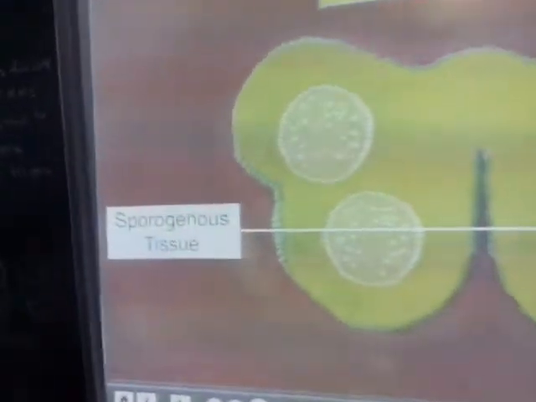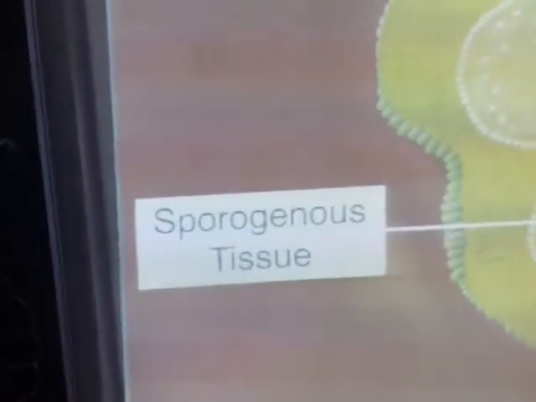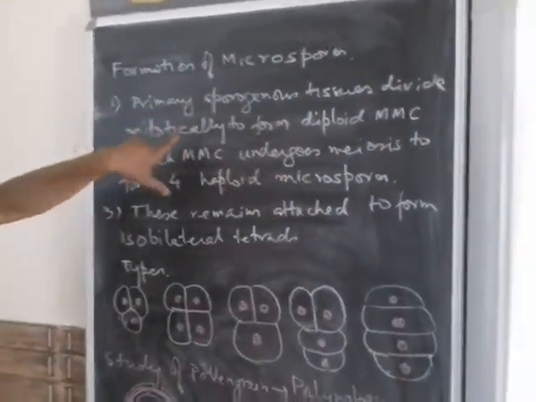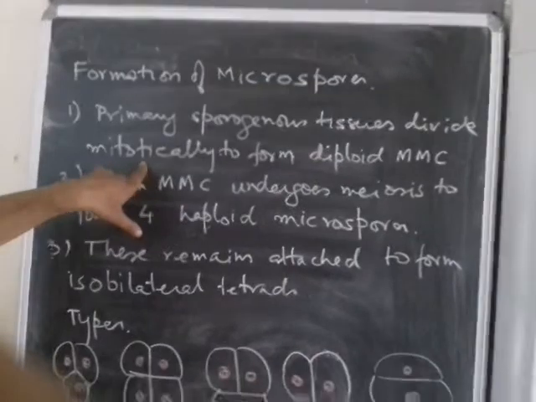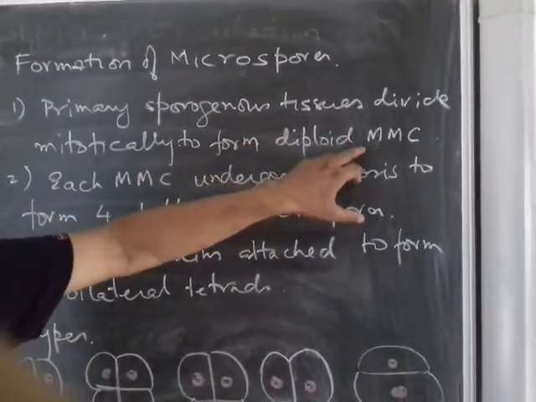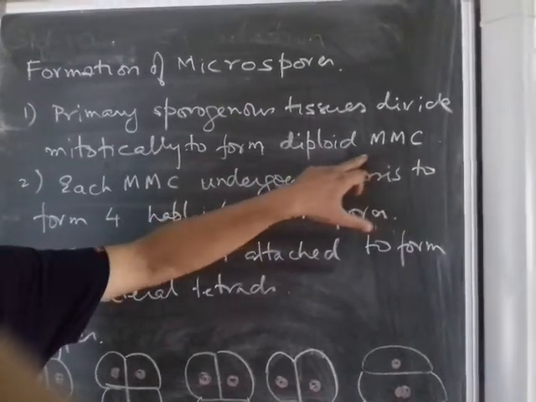Now we'll come to the formation of the microspore. I told you that the primary sporogenous tissues contained in the microsporangia divide mitotically to form diploid microspore mother cells.